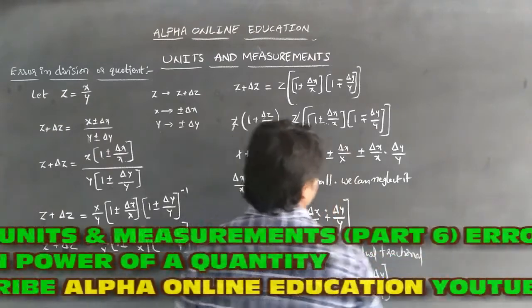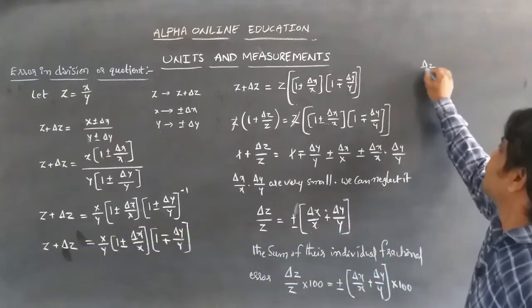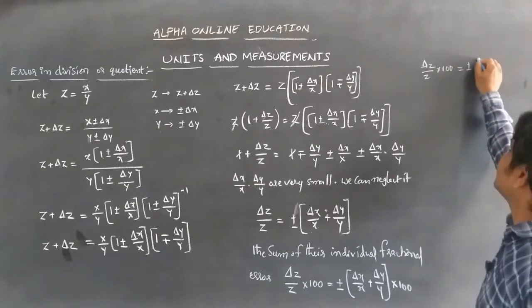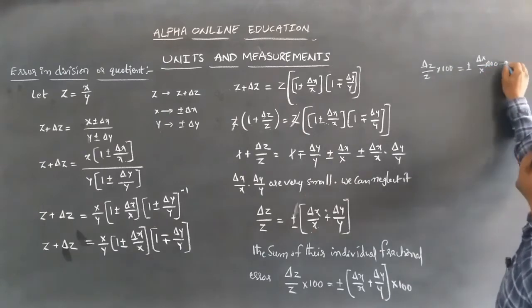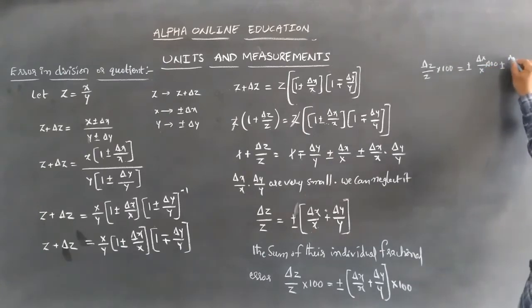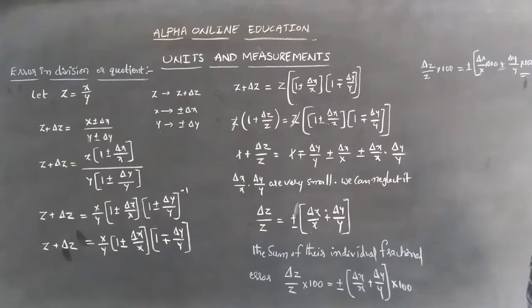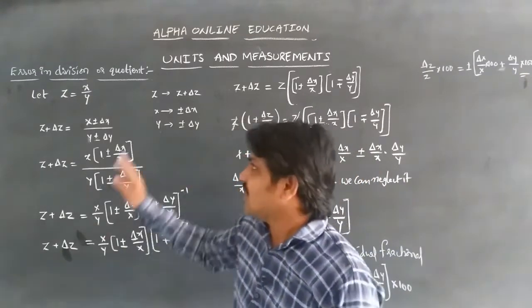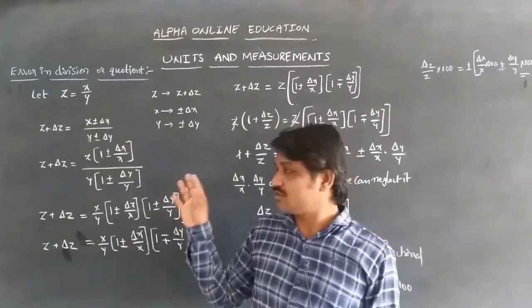Whenever the 100 is also multiplied, the same equation can be written as delta z by z into 100, which is equal to plus or minus delta x by x into 100 plus or minus delta y by y into 100. We can write it like this also. So this is the equation to write the error in division or quotient. Once again, this is how to find the error in division or quotient using this formula.